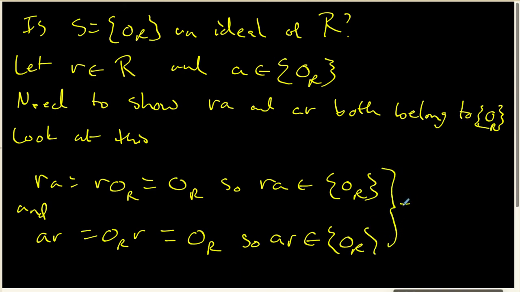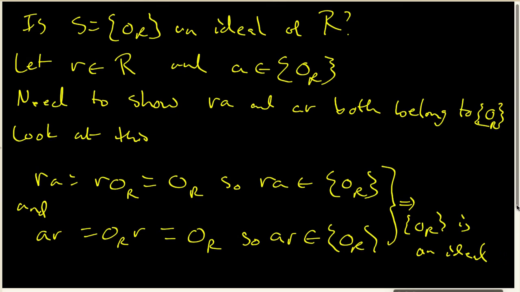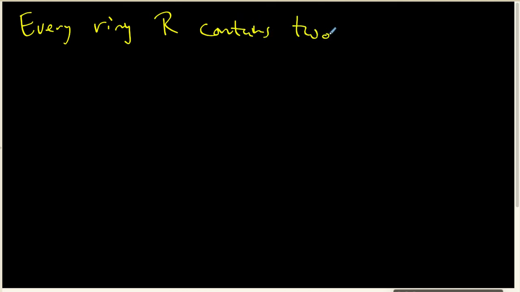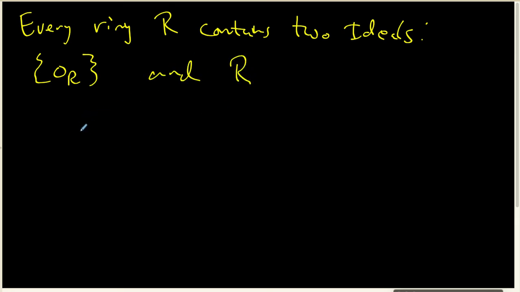And these two facts together say that the subring is, in fact, an ideal. Well, what this means is that every ring R contains two ideals, namely, the subring consisting of just the 0 element and the full ring itself.